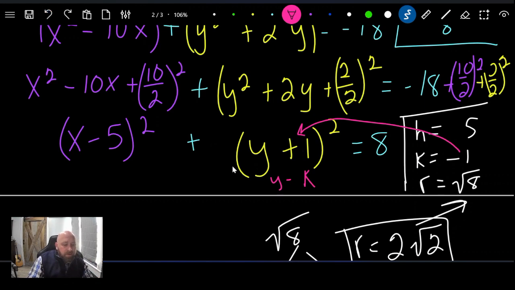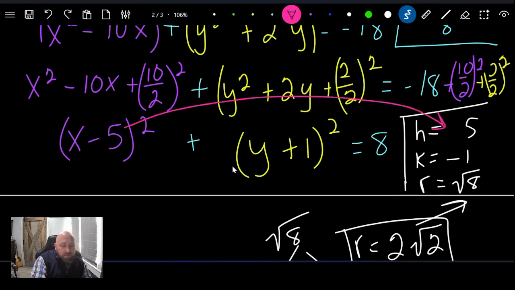That is very important, because when you get to graphing, you're going to need to remember that it goes the opposite way. So your h and your k are always going to switch signs right there. If this is a -5, your h is actually a +5. If this is a +1, your k is actually a -1. Very, very important to remember there.